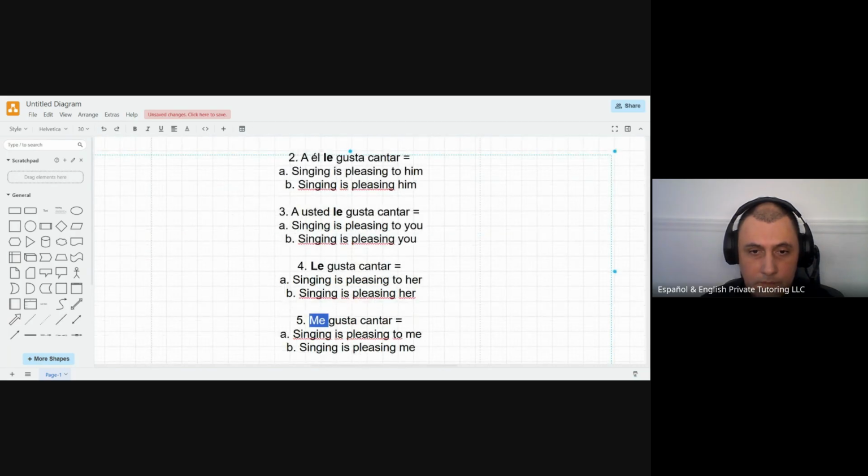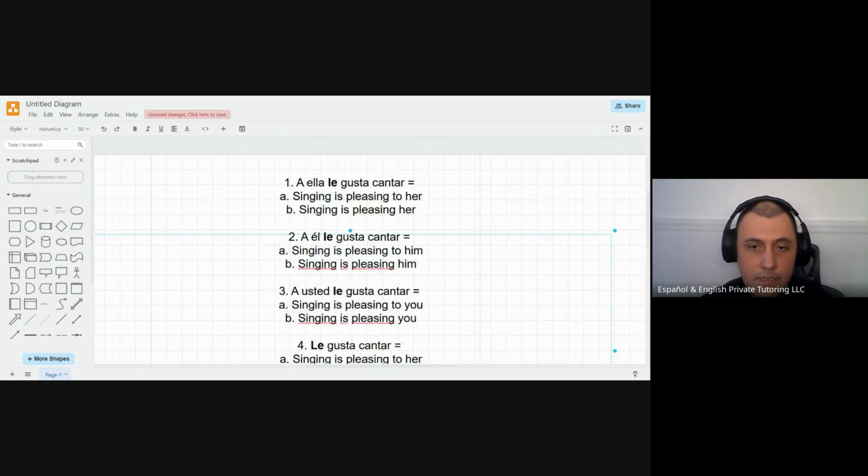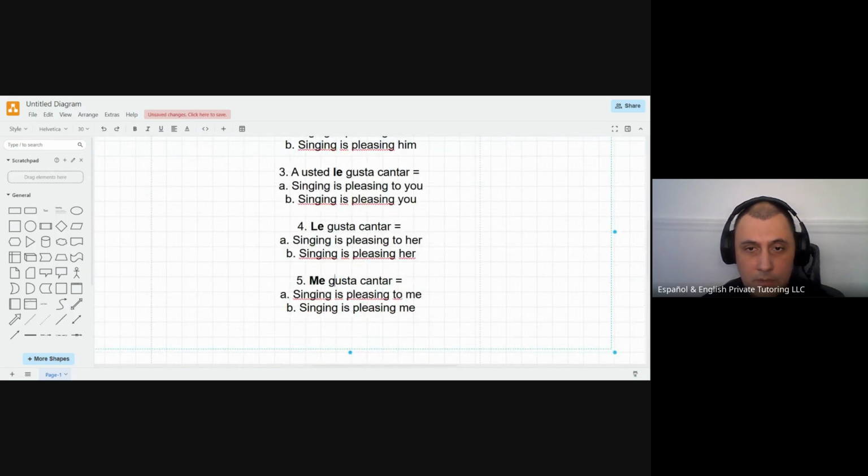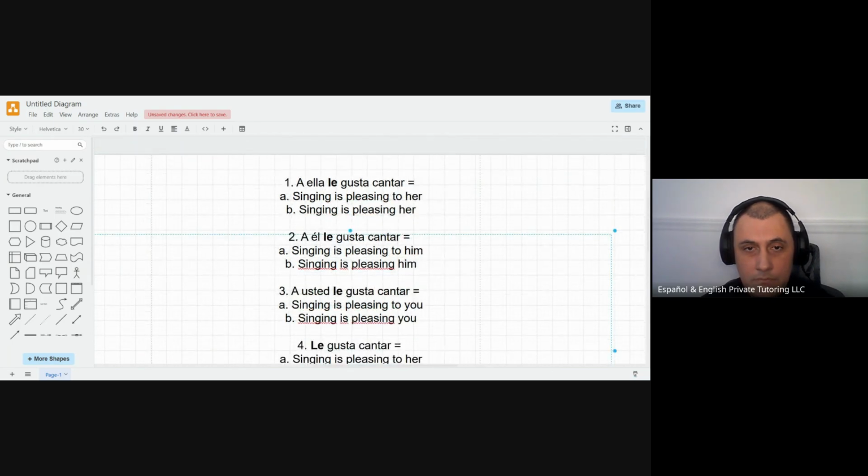In this sentence, I'm just using me. I explained before that the indirect object pronoun replaces the indirect object of the sentence. It's the same as in English. Singing is pleasing to her. Instead of saying to her, you can just say her. So her is replacing the indirect object of the sentence.